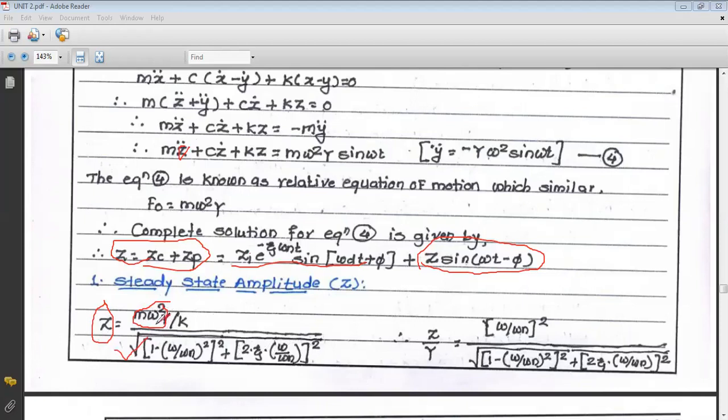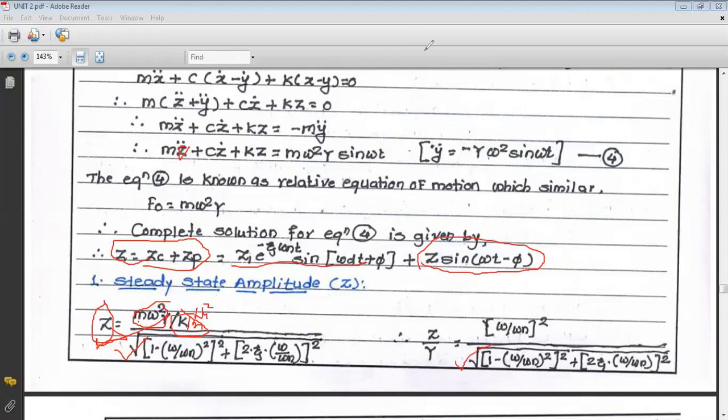Now taking this term to this side, that becomes Z upon Y. Now this m goes to this side, so that becomes k upon m. k upon m is omega n square. So the numerator term becomes omega upon omega n whole bracket square. The denominator term is the same, that is square root of 1 minus omega upon omega n whole square plus 2 zeta omega upon omega n whole bracket square.